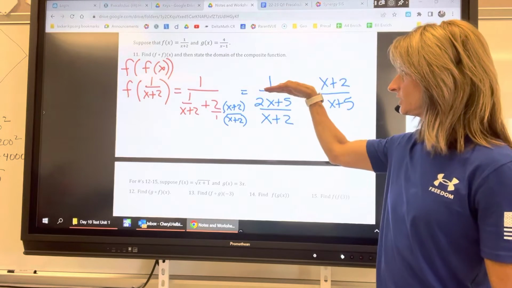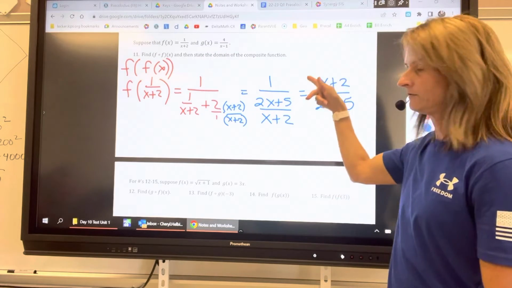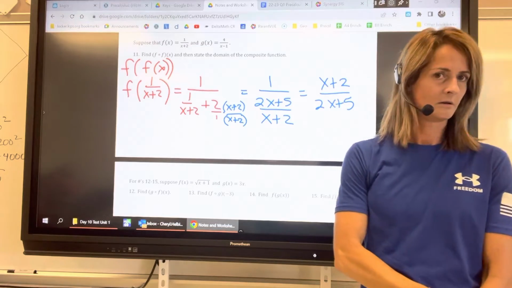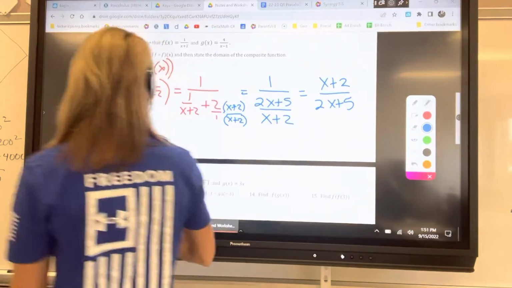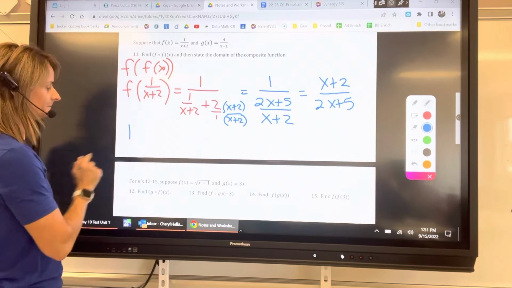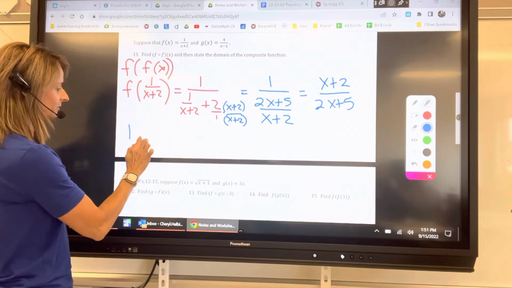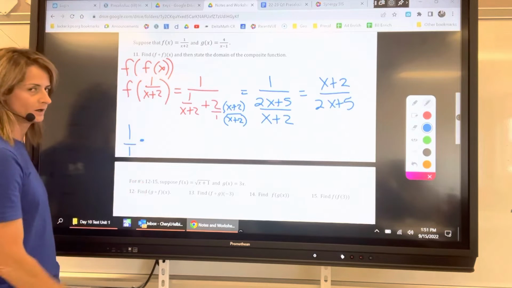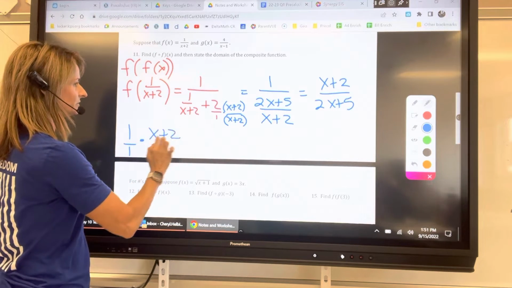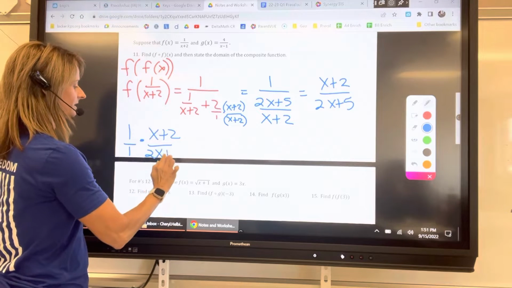Keep, change division to multiplication, and flip. Should I write that out? Yeah. Okay, so I'll write it out and then I'll erase it. Keep the 1, change the division to multiplication, and I'll put this as a 1 over 1. Flip that. x plus 2 over 2x plus 5.